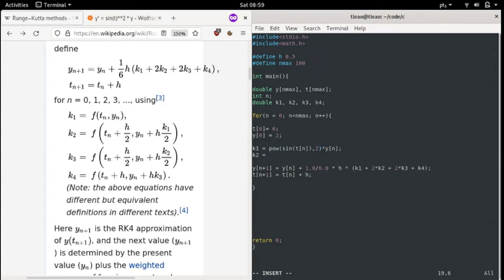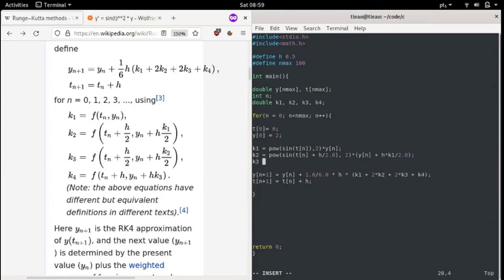So this would be then the sine here of t n plus h over 2.0, close this here, power of 2 times, now we have more than one thing here, y n plus k1, sorry, plus h times k1 divided by 2.0. Okay, let's close our parentheses here.